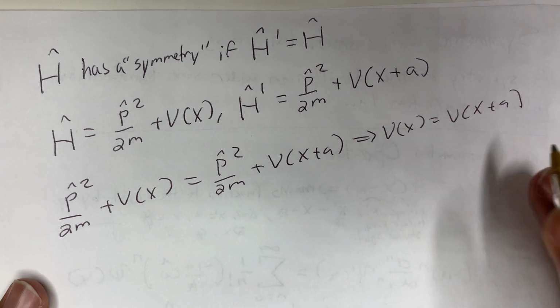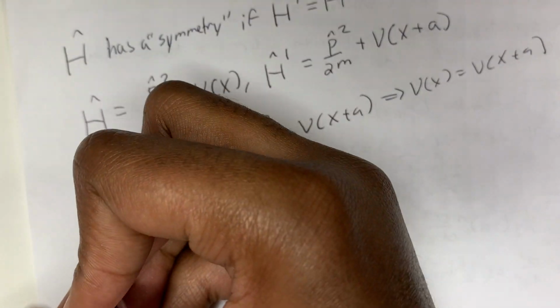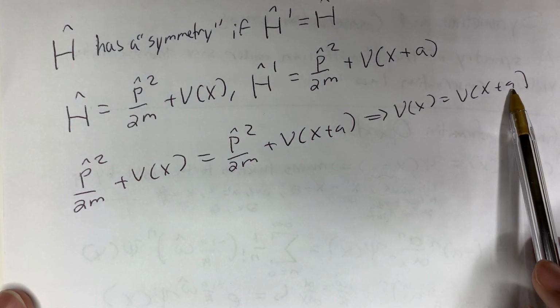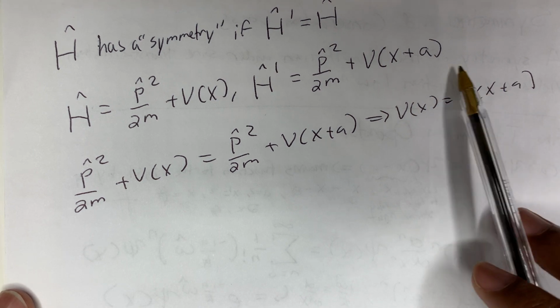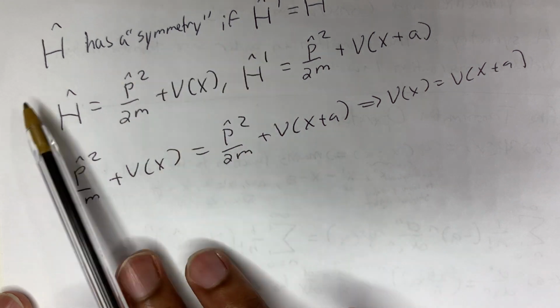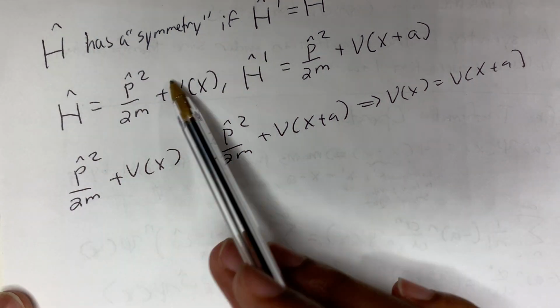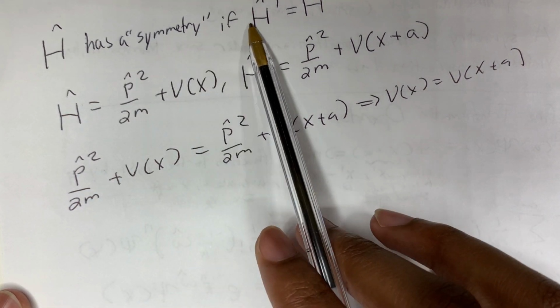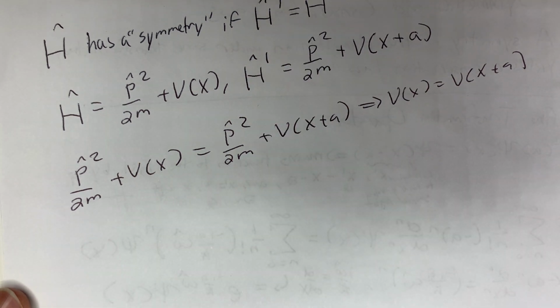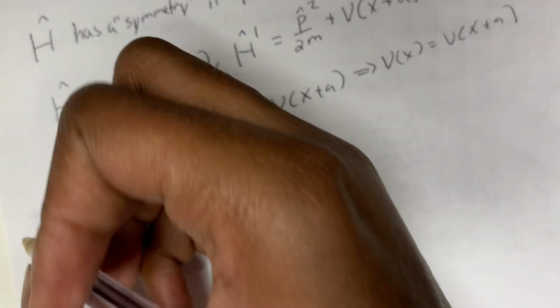Okay, this is the good part. If v of x equals v of x plus a, that means that the Hamiltonian is symmetrical. There's a symmetry. The Hamiltonian is symmetrical, meaning that the translated Hamiltonian is our original Hamiltonian. Okay.